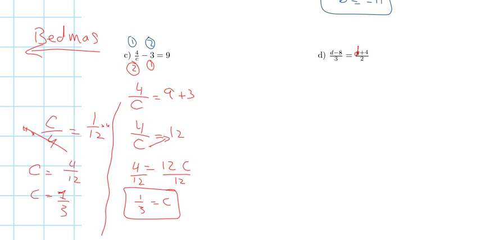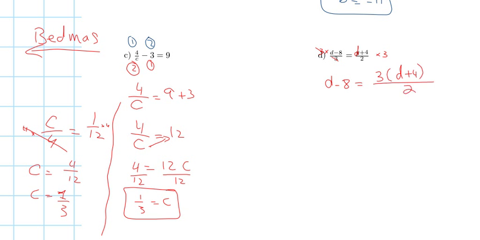Another way that we discussed earlier is that if I want to get rid of that division by 3, I have to multiply by 3. So when I do that, I have to do it to both sides, which gives me D minus 8 equals to 3D plus 4 over 2. Yeah?